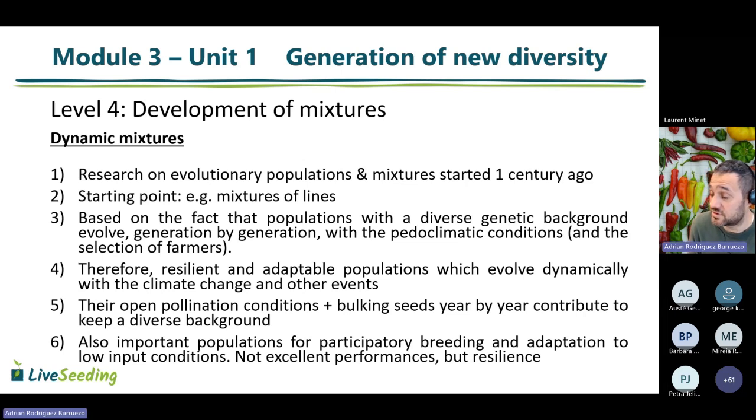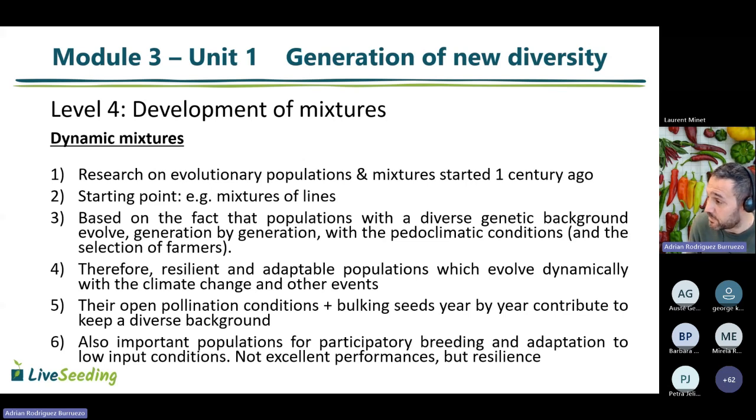Because they are combining not only this starting diverse genetic background of several parent populations at the beginning, but also open pollination conditions, so they are open to be crossed, not planned, plus bulking seeds. And imagine year by year repeating this process, selecting obviously the best individuals you find in the field. This contributes to keep a diverse background and an adaptable and resilient population.